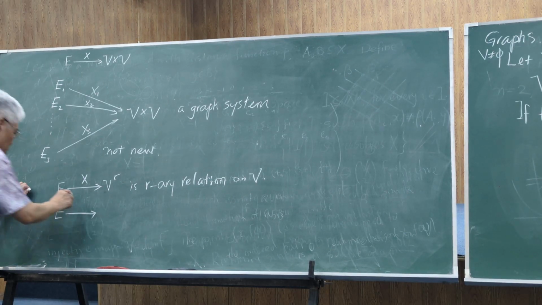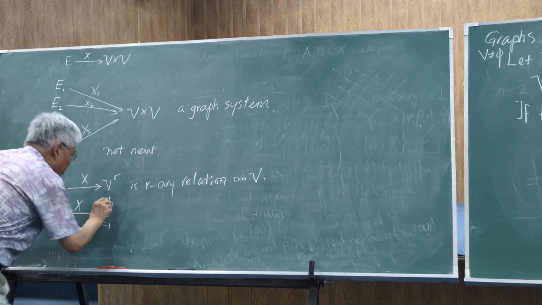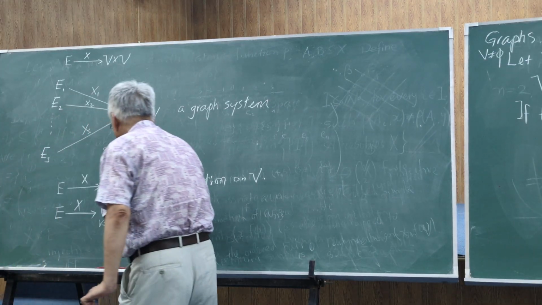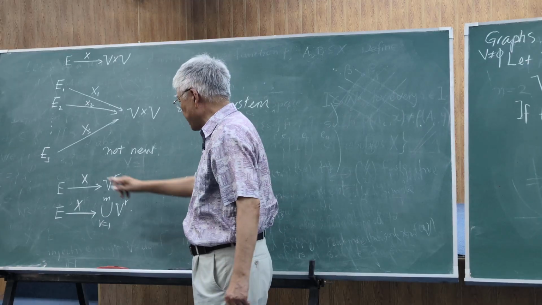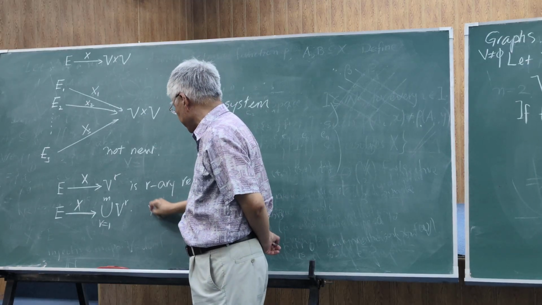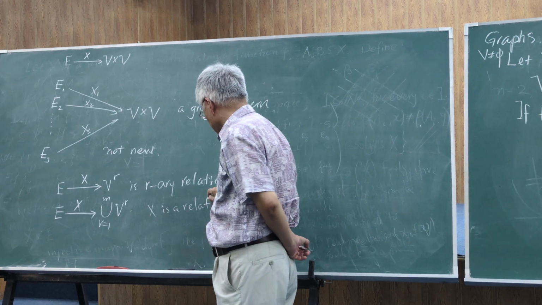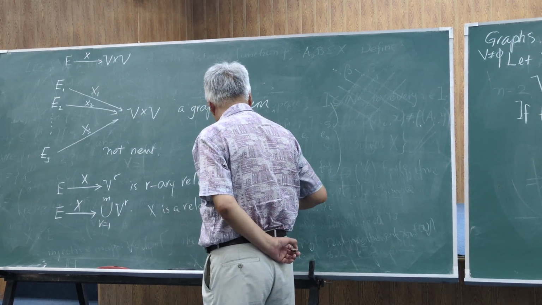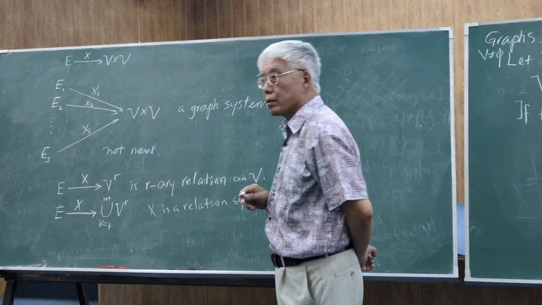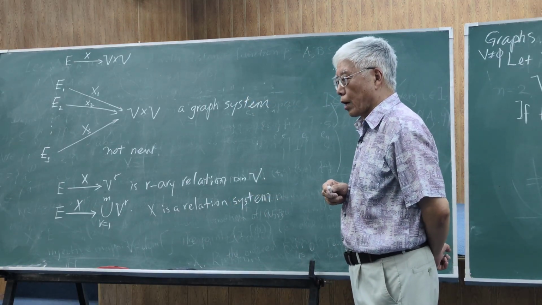Union over r going from 1 to m. This gives you a relational system. X is a relational system, more general than the last one.